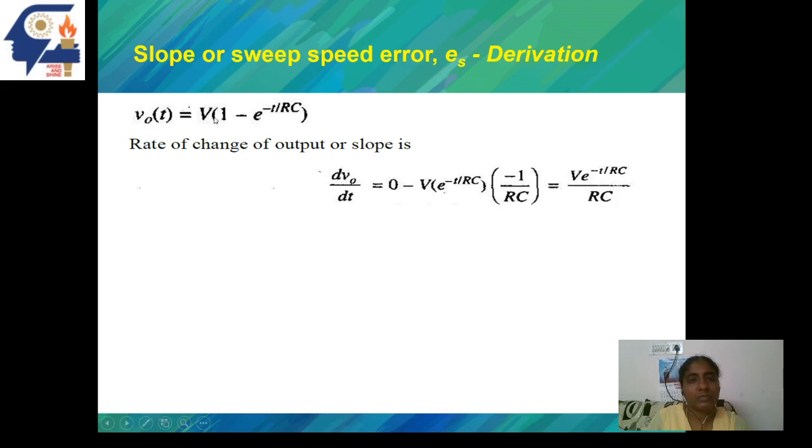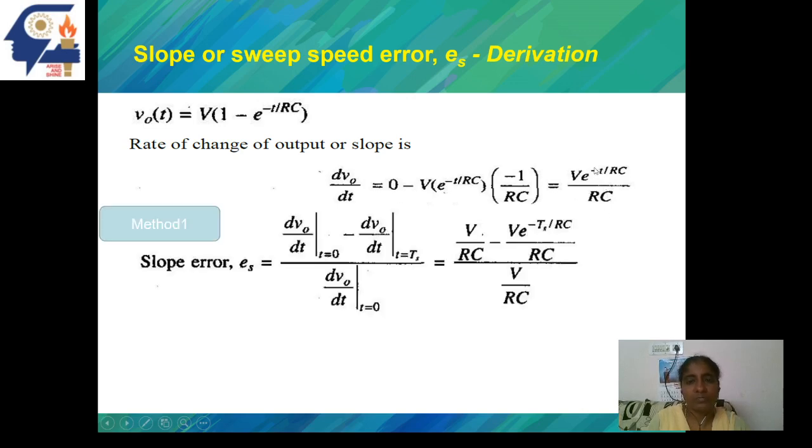The first term is constant, so its derivative is 0, minus the second term V e power ax, whose derivative is e power ax into a. The value of a is minus 1 by Rc. If we simplify, minus into minus becomes plus, V by Rc into e power minus t by Rc. Now substitute t equal to 0, it becomes V by Rc, that is the initial slope.